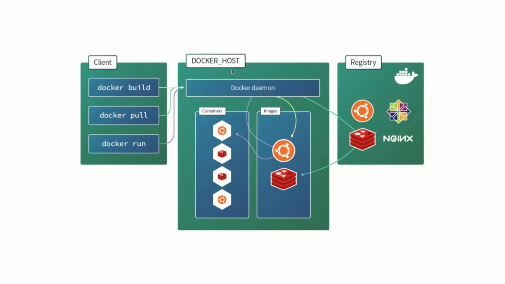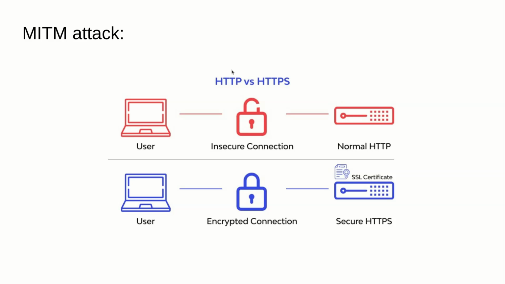Now, one of the fundamental things over here is that the communication between the Docker client and Docker daemon is, as I said, socket-based, TCP communication. Generally these are not secure; these are insecure communications.